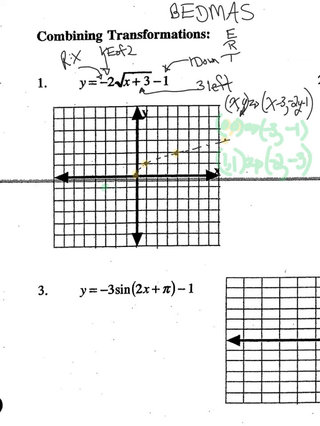So negative 2, negative 3. Okay, so rather than going this way, remember this is flipping upside down and going this way. I'll get one more point in there.